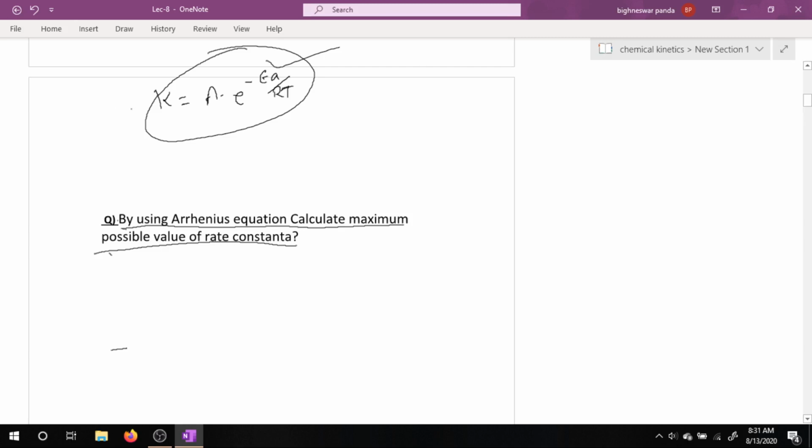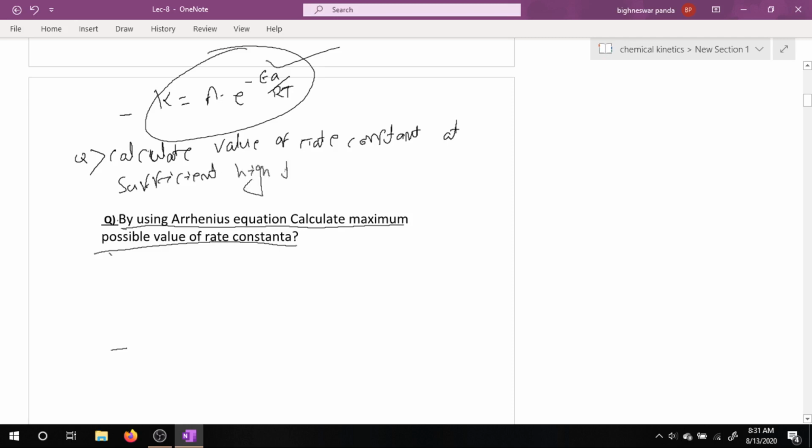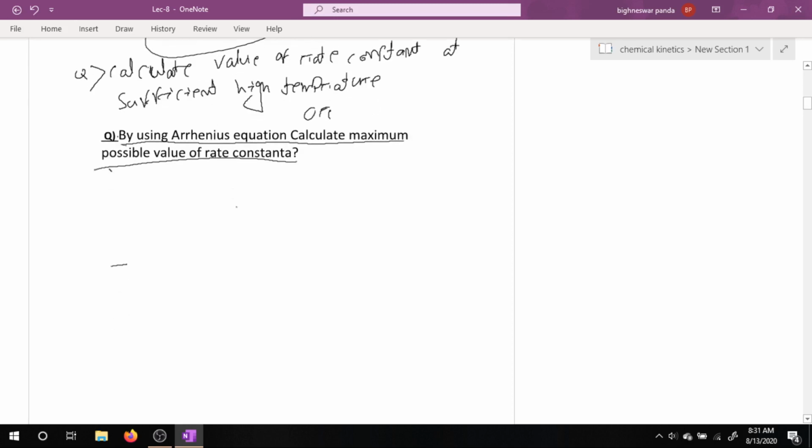Or I can also write: by using the Arrhenius equation, calculate the maximum value of the rate constant. We are solving the answer.